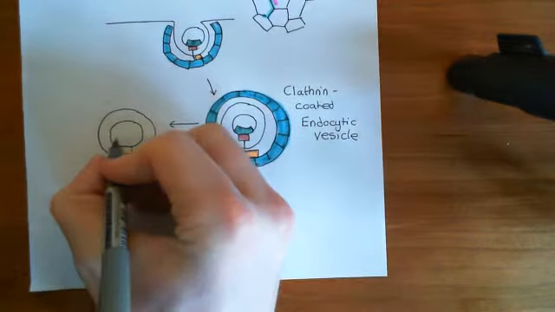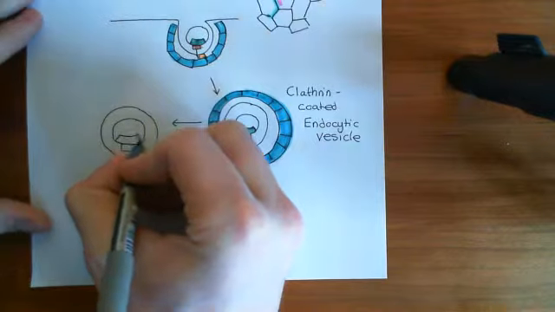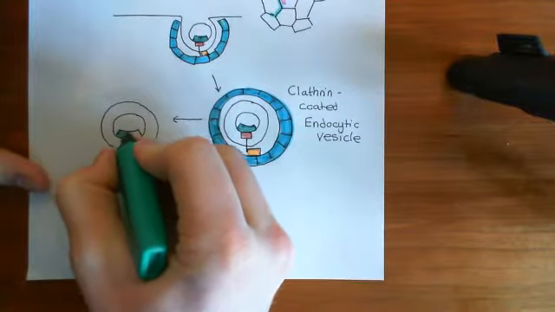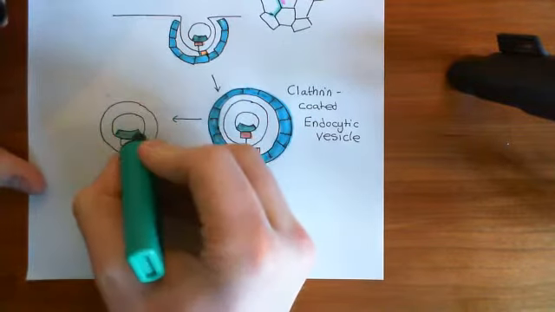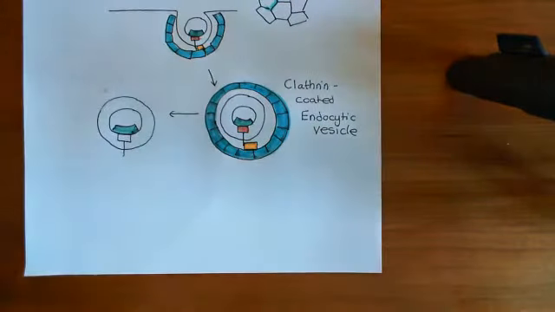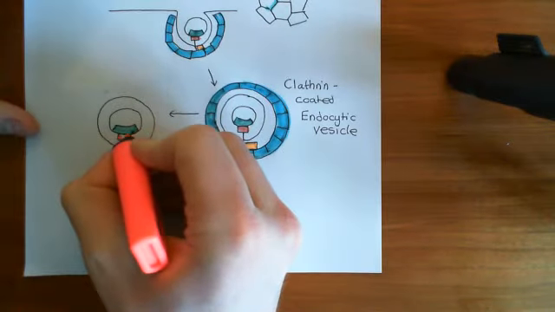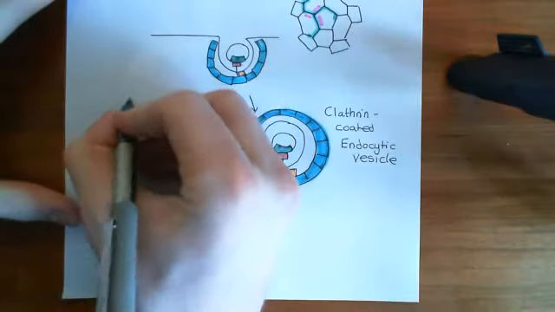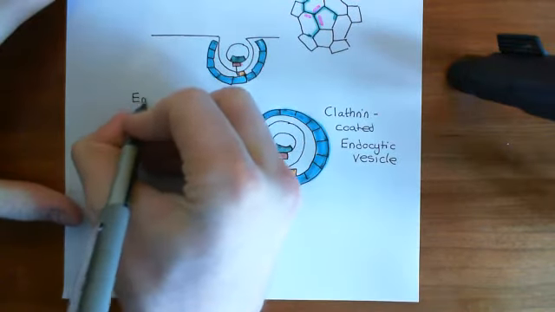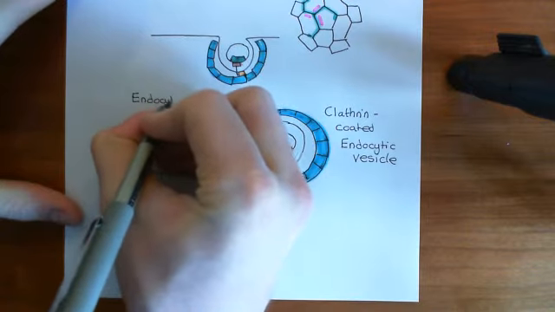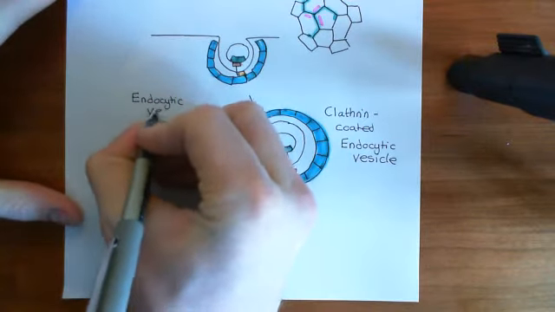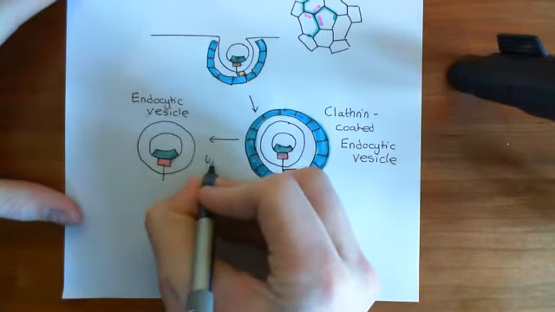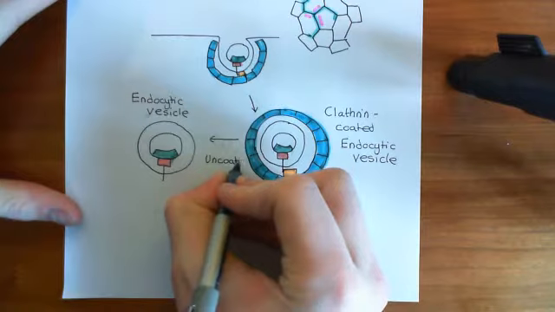And of course, the LDL receptor type A repeat domain will still be bound to the apolipoprotein B100 at this point. Okay, like so. So here is our apolipoprotein B100. Here is our LDL receptor type A repeat domain. And this structure that we've now got is just an endocytic vesicle. Okay, and this is now going to go to an endosome. So this process of taking the clathrin off was just called uncoating.